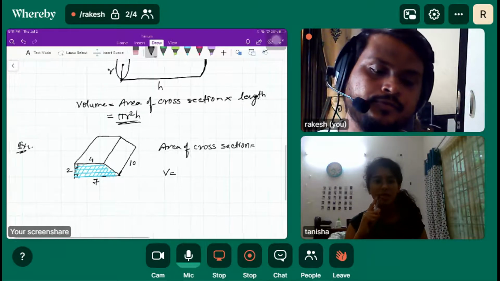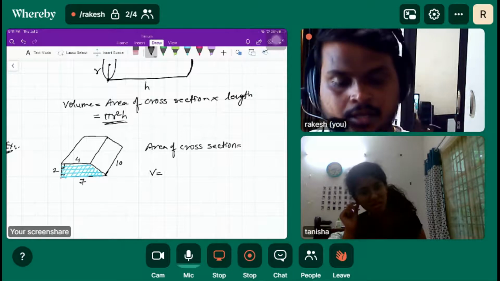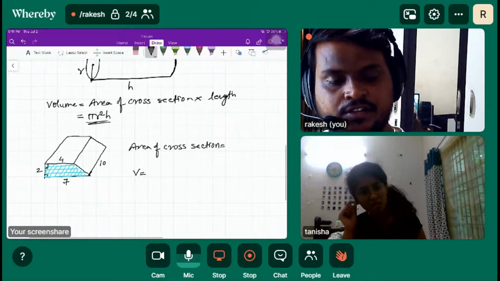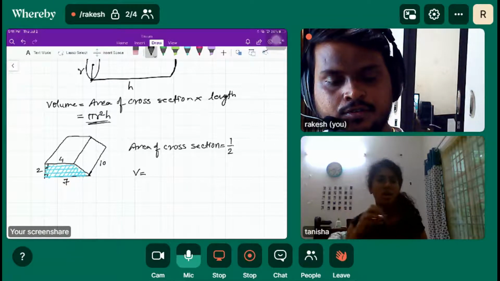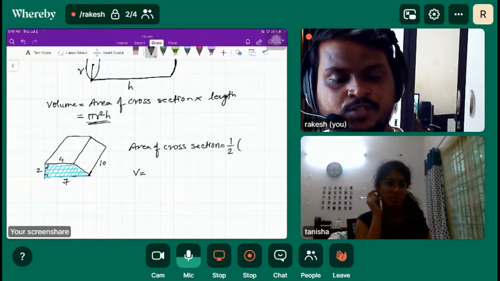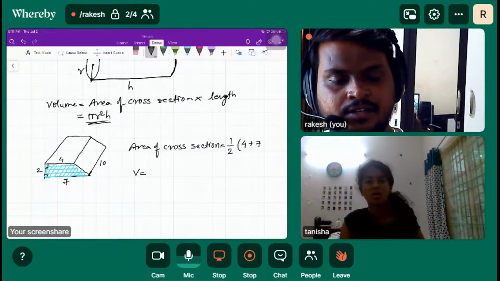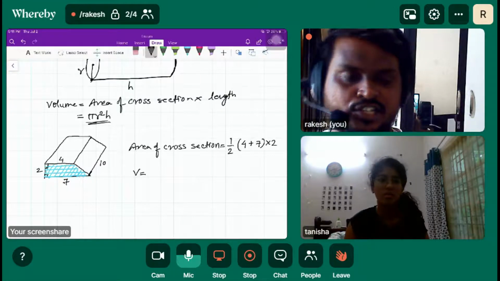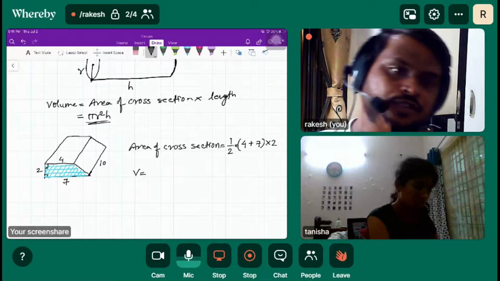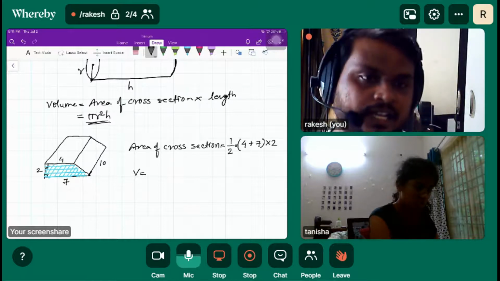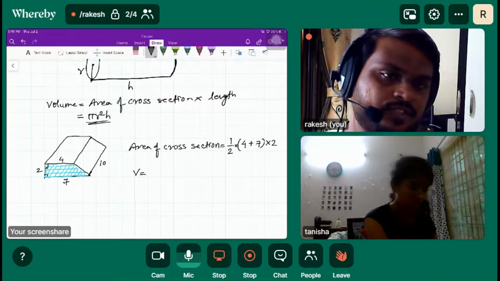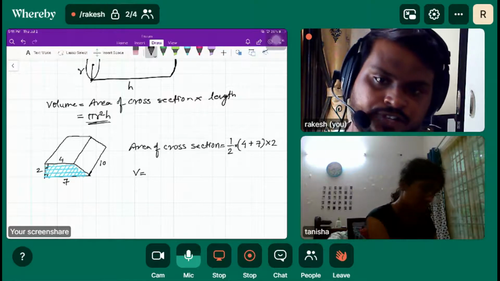So what is the area of cross section? 42. How do you find out that? It's a trapezium, right? The area of the trapezium is half into the sum of parallel lines into the distance between them, which is 2 centimeters.